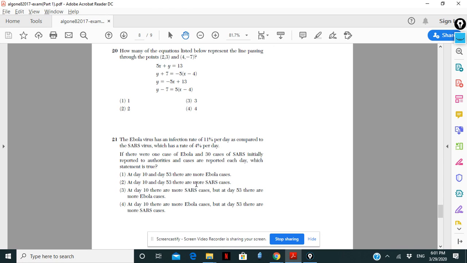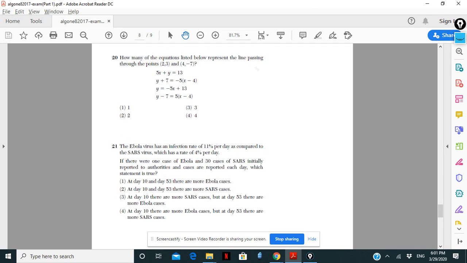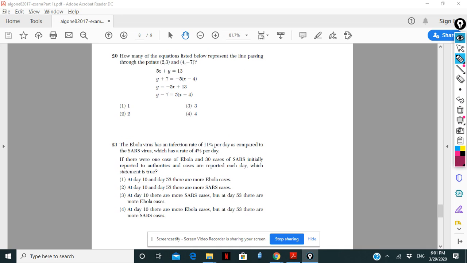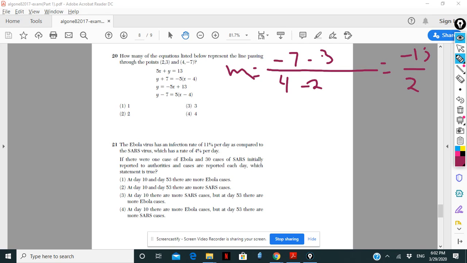So what's the slope? m equals delta y, so -7 minus 3 divided by 4 minus 2, giving me -10 divided by 2, -5. So I know now the slope is -5.